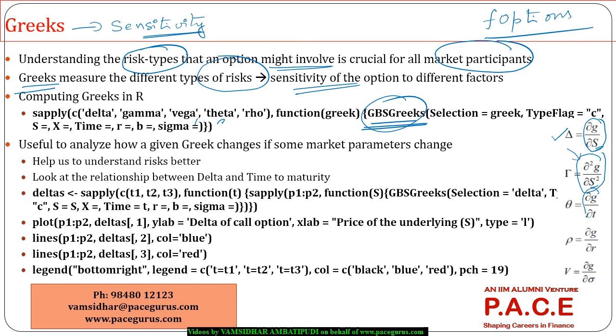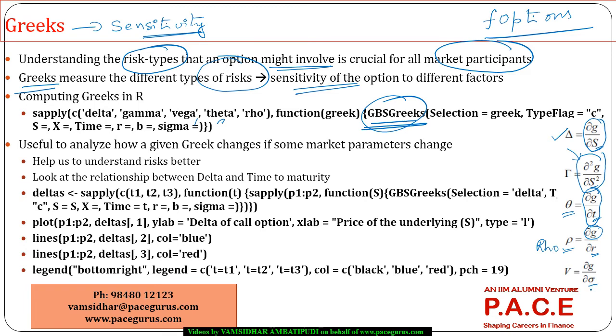How the option premium changes with respect to the time to maturity is measured by theta. When everything else remains the same, if the risk-free rate of return changes by 1 unit, by how much will the option premium change? That is what is measured by rho.